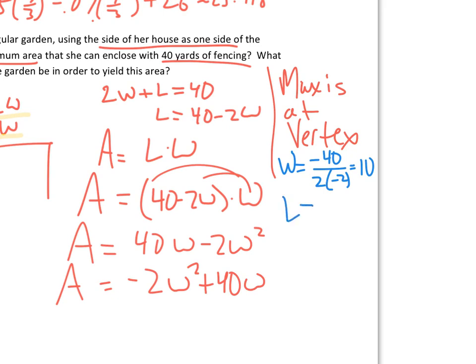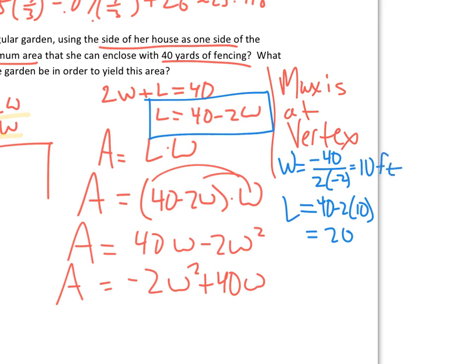Well, we can find the length. We got this equation right here. It's 40 minus 2 times 10, which is 40 minus 20, which is 20, okay? And so remember we have two widths of 10 feet and two lengths of 20 feet, okay? And so we have an area of 10 by 20, which is 200 square feet, okay?